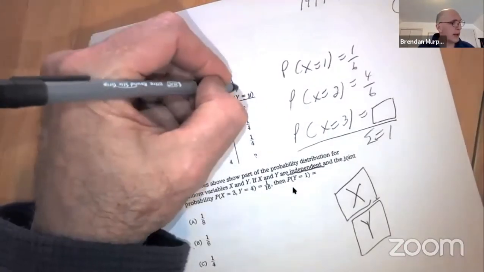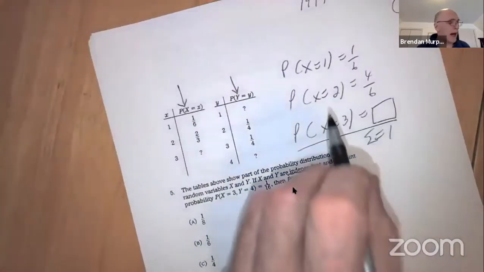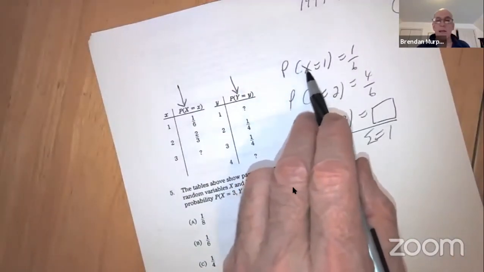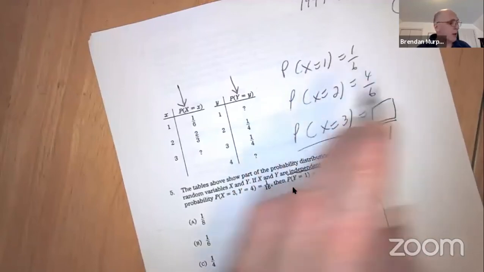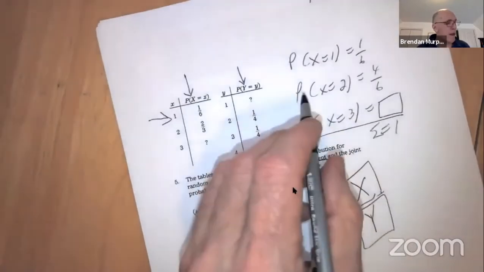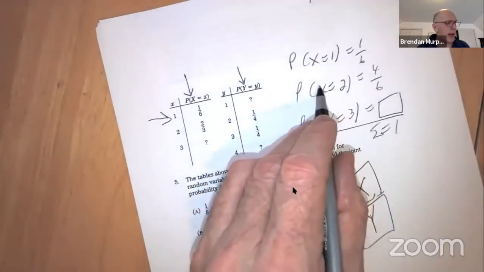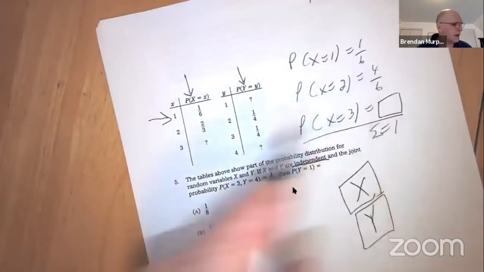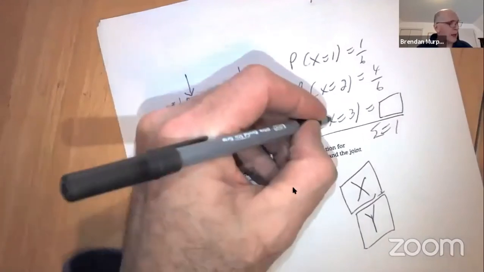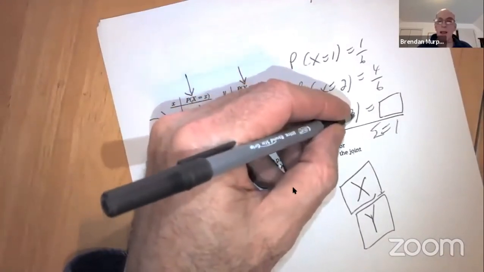Big Y is my other random variable. Over here on the side, I've just tried to demystify. The probability that big random variable X is equal to 1 is 1/6. That's what that line is trying to tell me. The probability that big random variable X is equal to 2 is 4/6. I think I just made 2/3 into 4/6. The probability that big random variable X is equal to 3 is, I don't know.